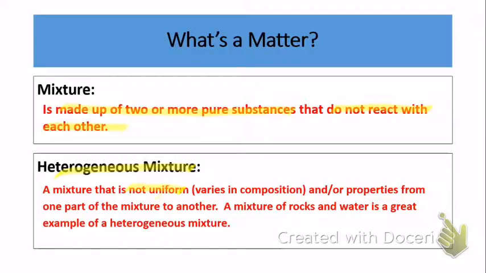And I think maybe that's a good way to look at a heterogeneous mixture: there's no dissolving going on here. They're mixed together, but no dissolving. So for instance, rocks and water together make a great heterogeneous mixture because rocks do not dissolve in water. All right.